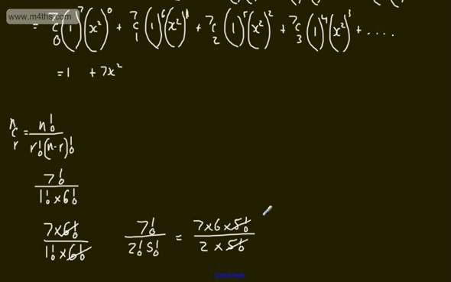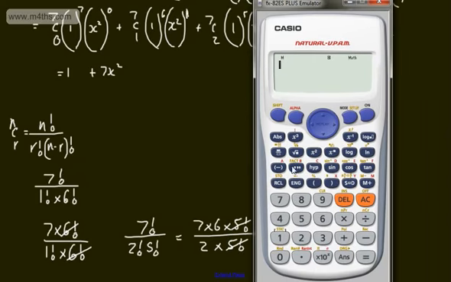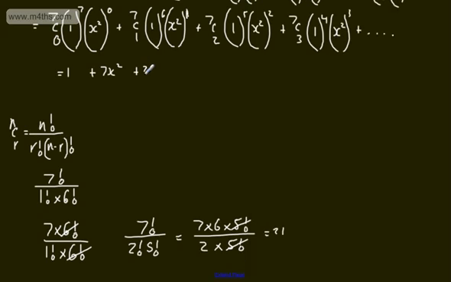We can see the 5 factorials cancel, so this is going to give us 42 over 2, which is 21. If I want though, I can just go straight ahead and do that on a calculator. So what we're looking for then is 7c2. We press 7, we hit shift, we don't turn it off, which is the common error, and we hit 2. We can see now that gives us 21.